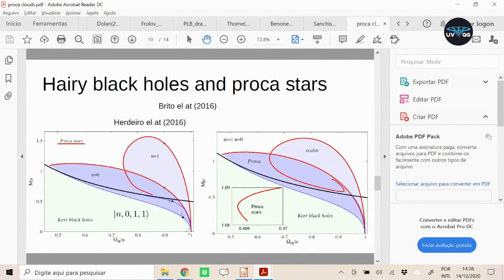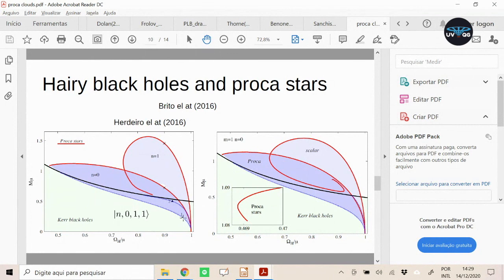Okay, and the way you get the red lines is by solving consistently the geometry and the field, right? The scalar or the vector. Yes. And for the clouds, you impose a black hole background geometry, right? Yes.